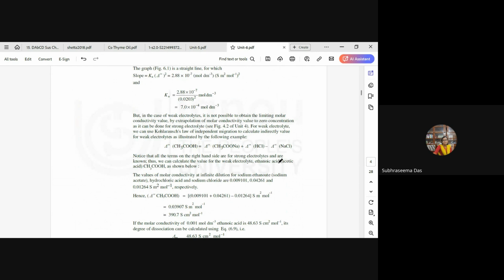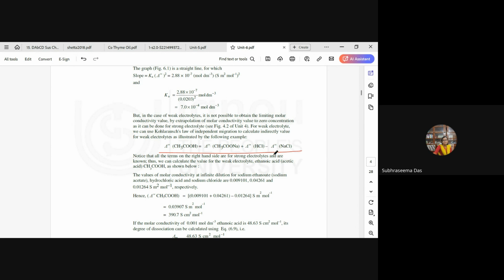But in the case of weak electrolytes, it is not possible to obtain the limiting molar conductivity value directly. So for weak electrolytes, we have to use Kohlrausch's law of independent migration. According to this law, lambda infinity for acetic acid can be written as lambda infinity for sodium acetate plus lambda infinity of HCl minus lambda infinity of NaCl.